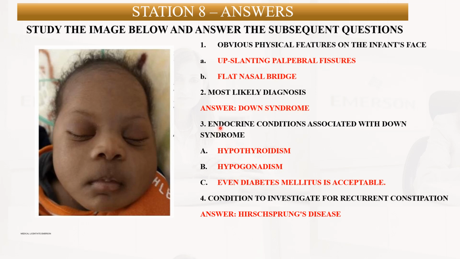Then let's go to question 3, where we ask about two endocrine conditions associated with Down syndrome, or specifically they said endocrine condition associated with the condition. Okay, so this condition, which of course is Down syndrome, has endocrine conditions as well. And of course, others can ask you what respiratory conditions are associated with this condition.